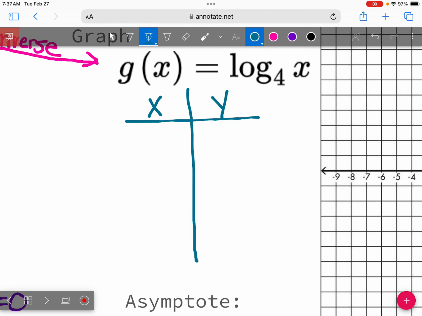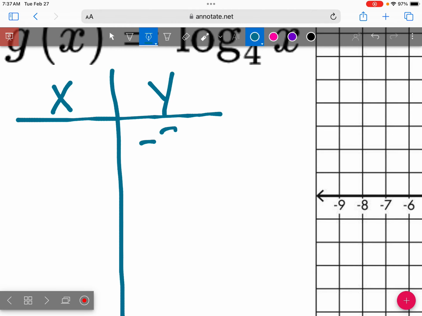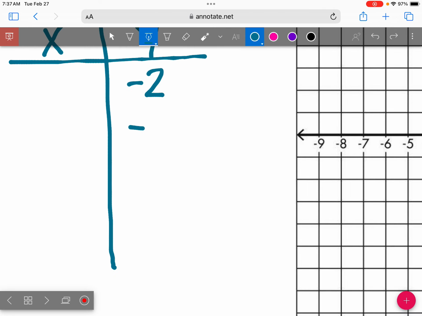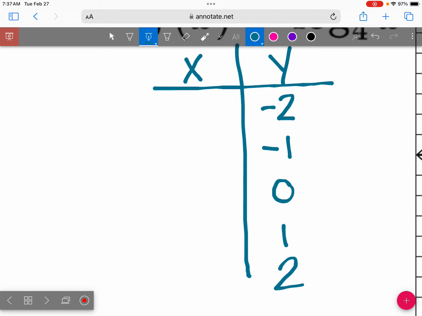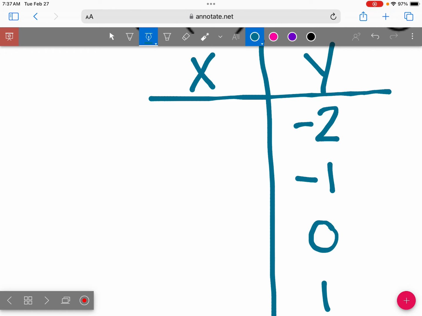So I tend to fill in the same order that I filled in on the exponential. So I'm going to do my y's first on the log: -2, -1, 0, 1, and 2. And then we take those same y values and they become our x values.